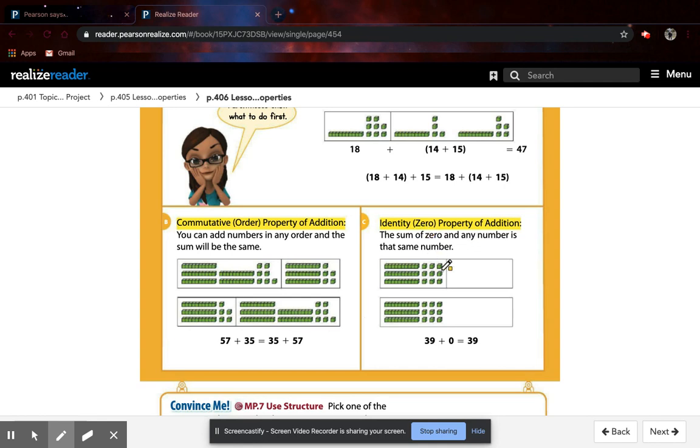So if I were to add 39 plus 0, I'm still going to get 39. I'm not adding anything else to it. I'm not taking anything away from it. I'm just saying I have 39 blocks right here. If I were to add 0 more, so if I added no more, how many would I still have? I would still have 39 right here. Okay.